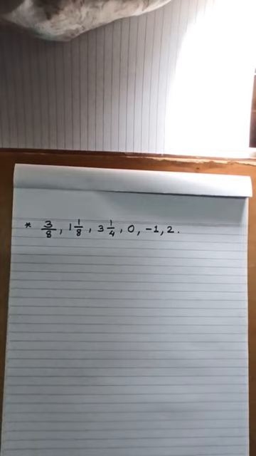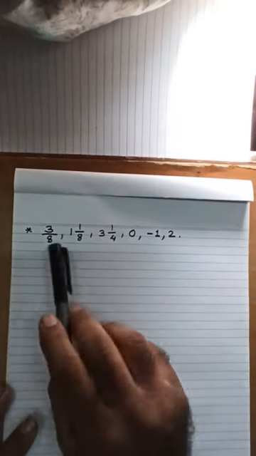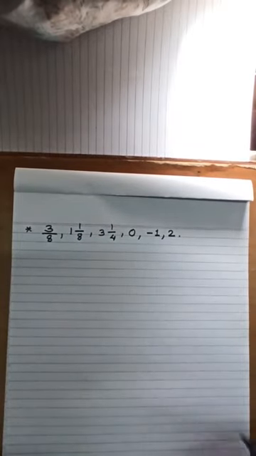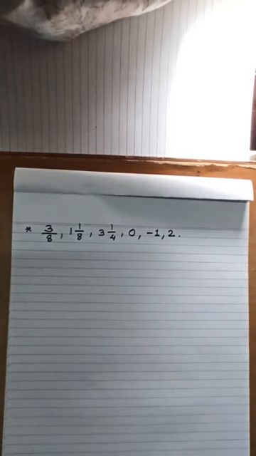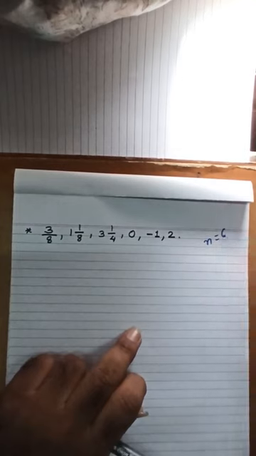Okay, now for this question, 1, 2, 3, 4, 5 and 6, there are 6 observations. So n is equal to 6.